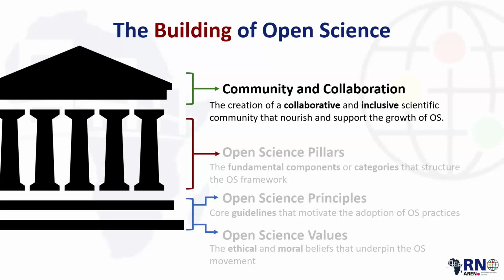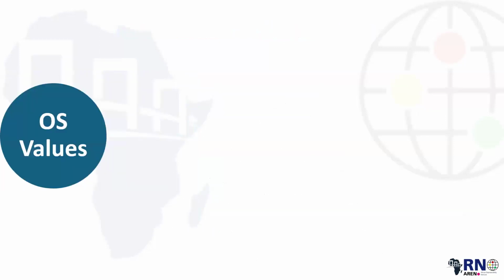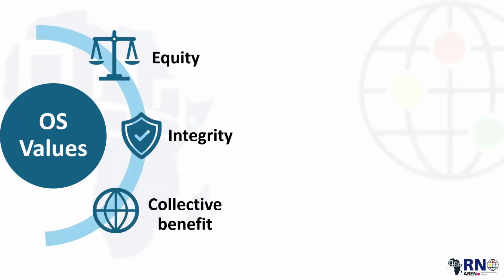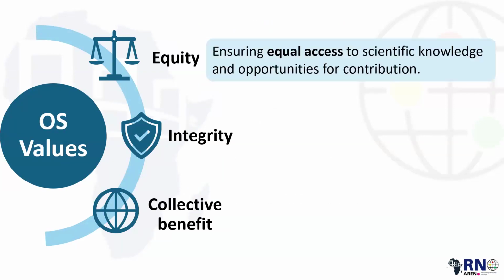So now we'll talk a bit about each of these open science elements. We'll start with the open science values. These are equity, integrity, and collective benefit. By equity, we mean that we ensure equal access to scientific knowledge and opportunities for contribution.